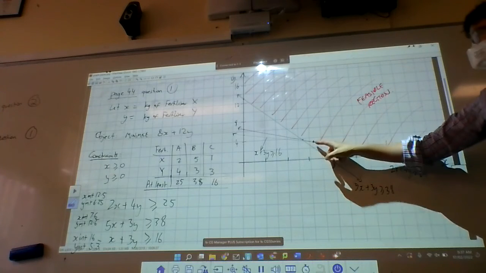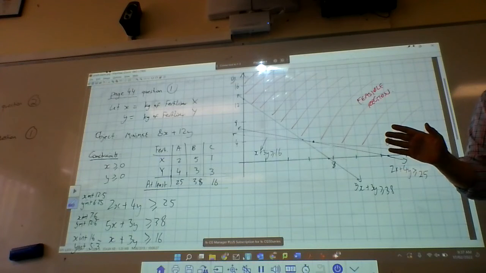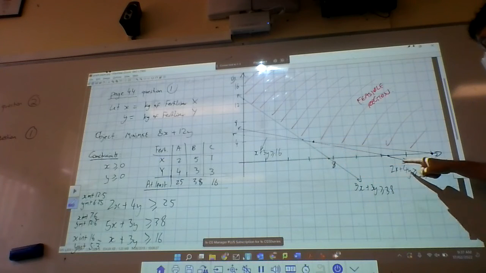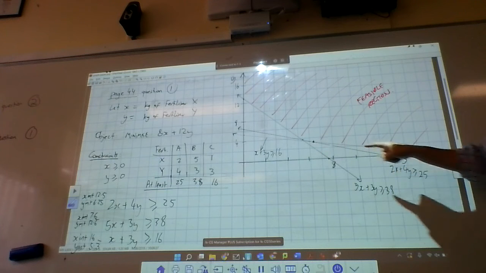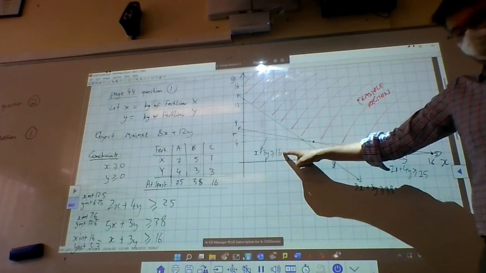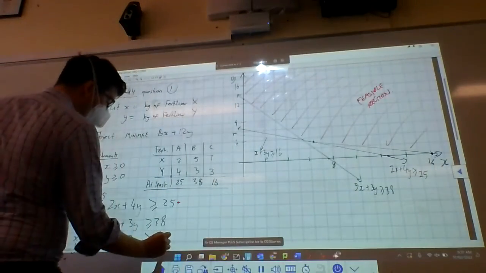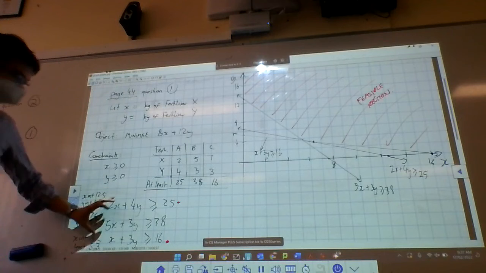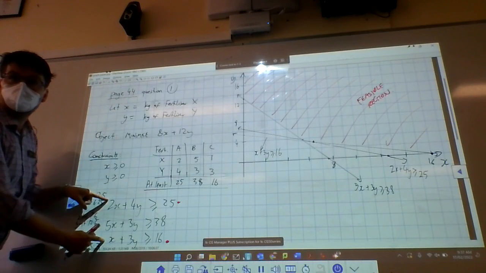The key question is how do we find that point of intersection? That red dot is where these two lines meet, 2x plus 4y and x plus 3y, which are these two over here. That point and that point. Is there a nice way we can solve the point of intersection of those two equations?